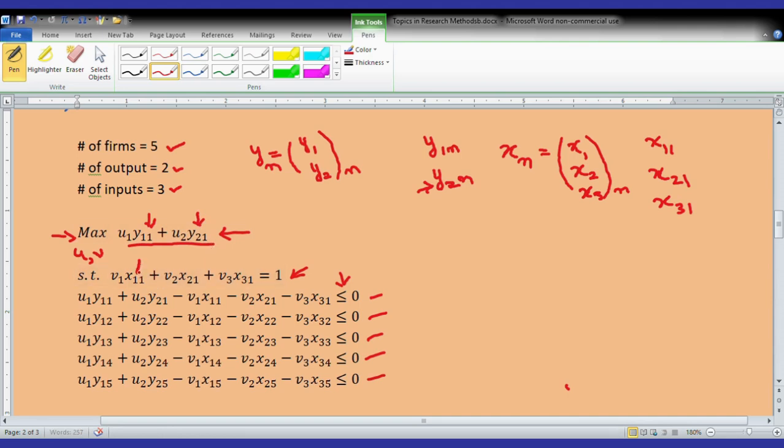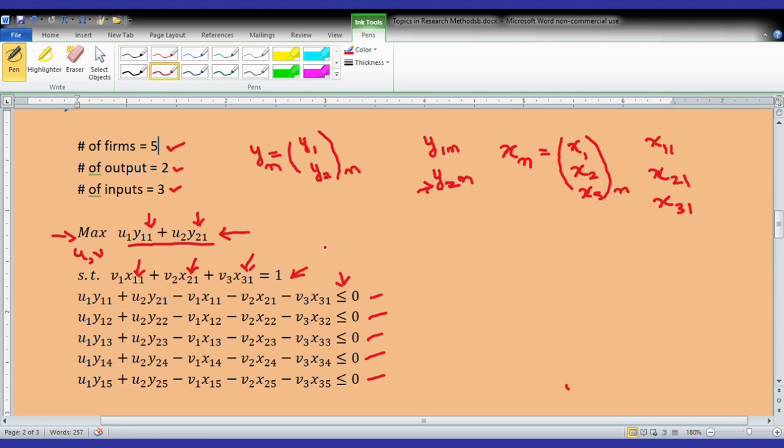This is the quantity of input 1 used by firm 1, quantity of input 2 used by firm 1, quantity of input 3 used by firm 1. So this is the data that is available to us. What we are trying to find out are the optimal values of u1, u2. So these are our variables, remember, and y's and x's are the coefficients of these variables. So this is the linear programming problem for form 1.